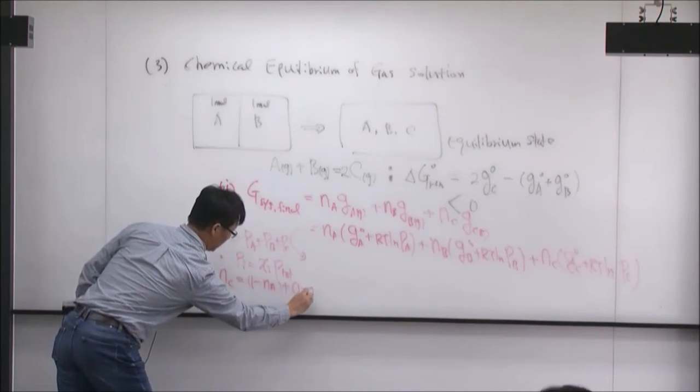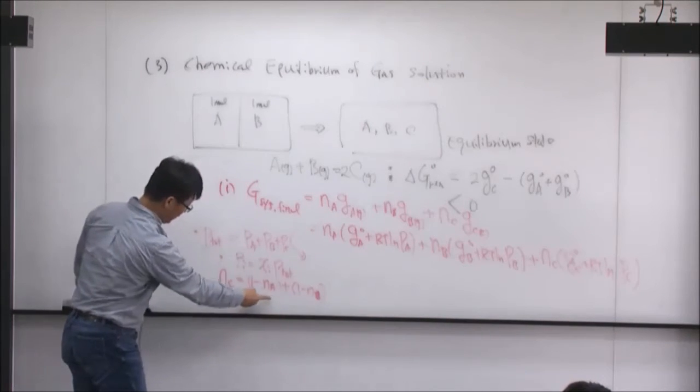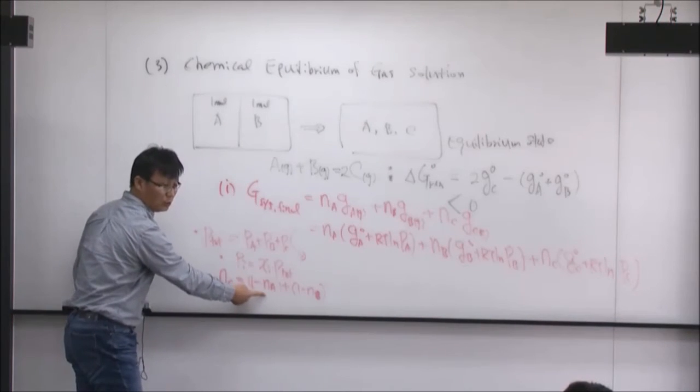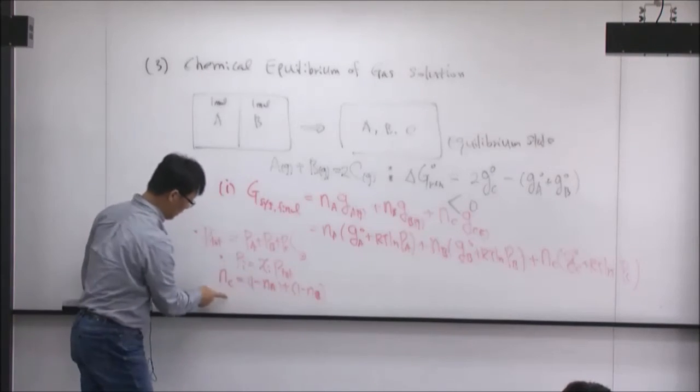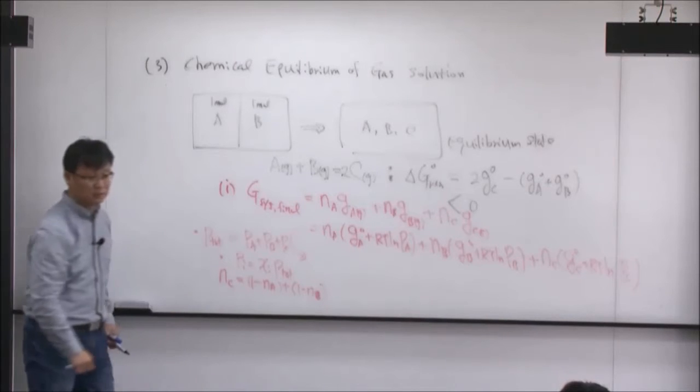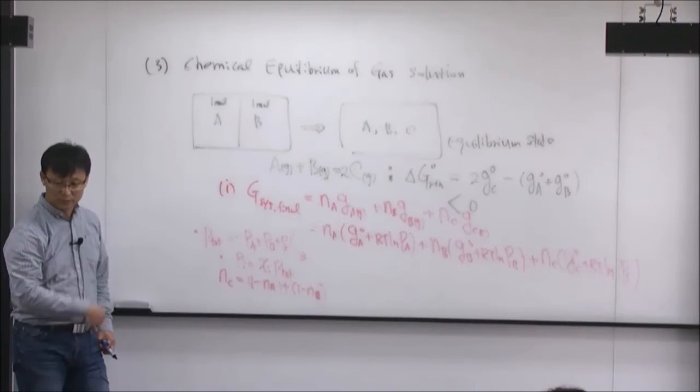will be (1 minus Na) plus (1 minus Nb). So any number of moles of Na and Nb used in the chemical reaction will be the total number of moles of Nc produced from this reaction. It's a mass balance.